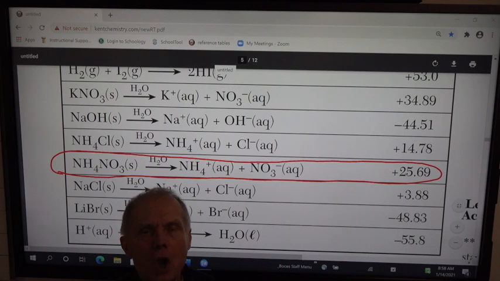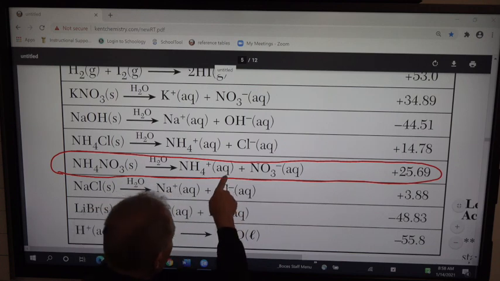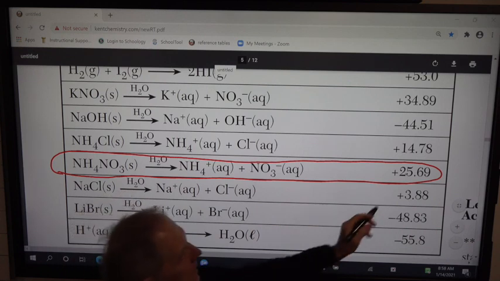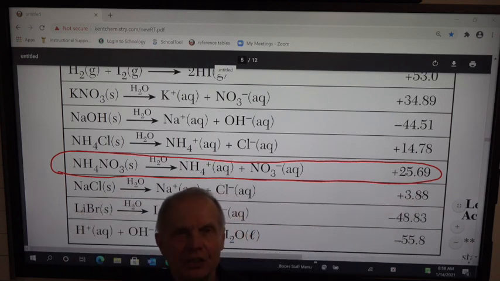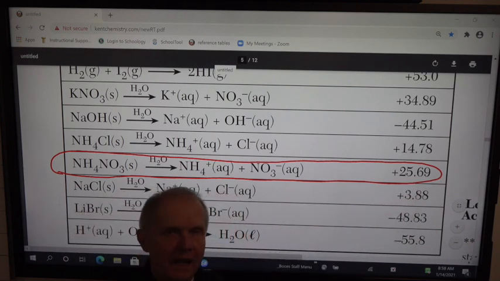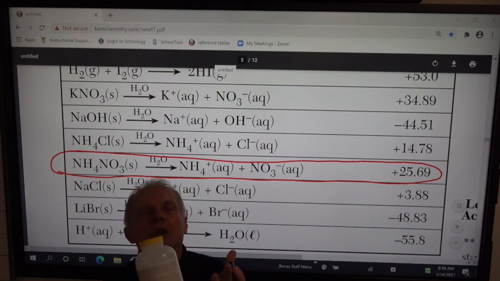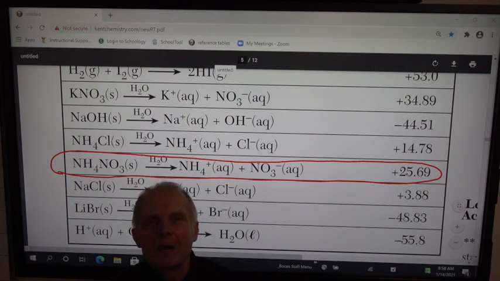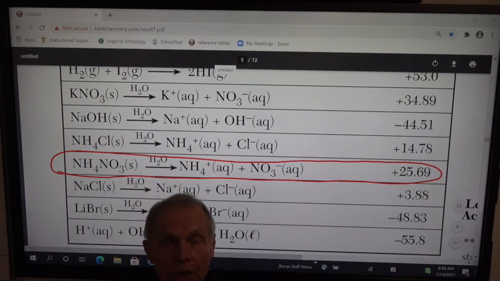And it felt cold because in order for this reaction to work, you have to add energy. And if you don't add energy, the reaction stops, doesn't work. So when they put their hand on the bottom of the beaker, it felt cold because energy was being sucked from their body temperature and the temperature of the water to make this reaction work.